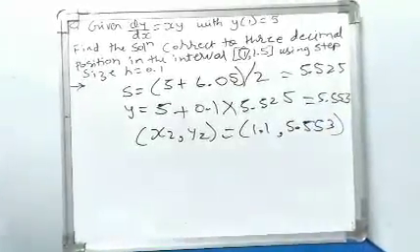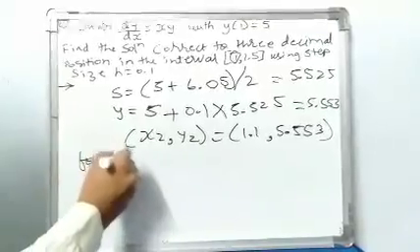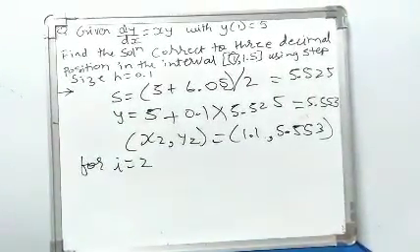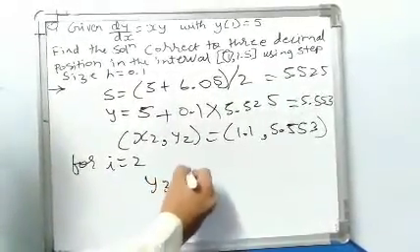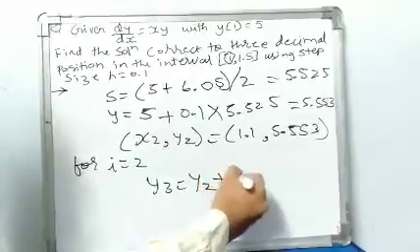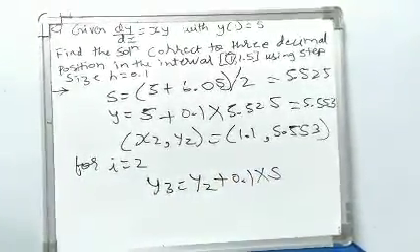Now for i equals 2, we have to repeat the procedure again. So y3 is equal to y2 plus 0.1 into s.